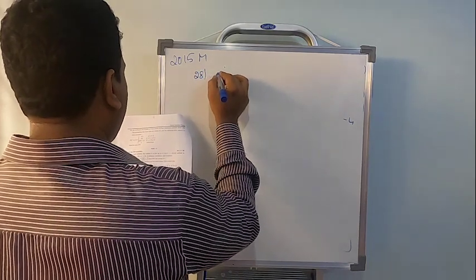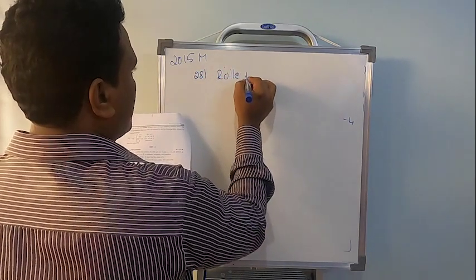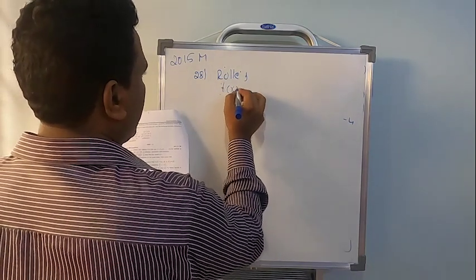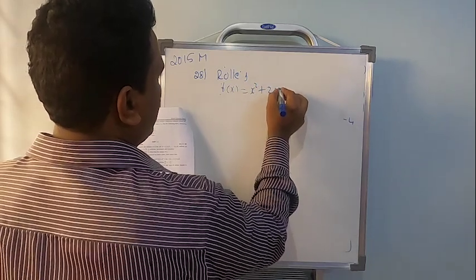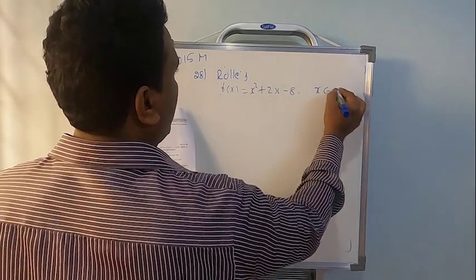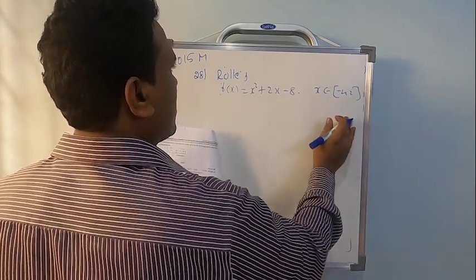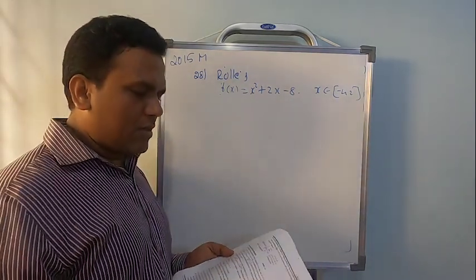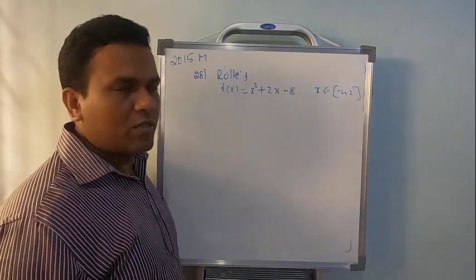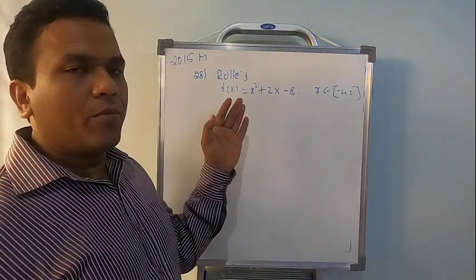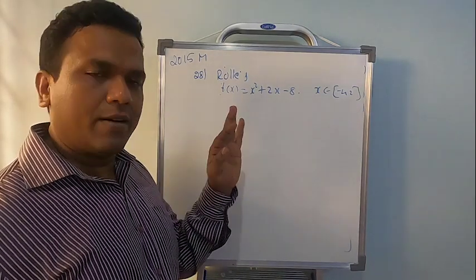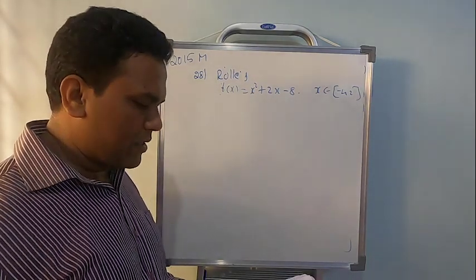Verify Rolle's theorem for the function f of x equal to x square plus 2x minus 8, when x belongs to closed interval minus 4, 2. I've already done this. Remember once in one of the 2 mark problems this was given to us. It's a polynomial. It's continuous. It's differentiable. Then go for f dash of c and find it. We have done this. So please, okay, you can just do this.